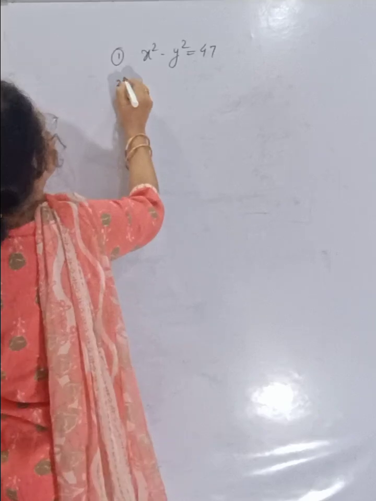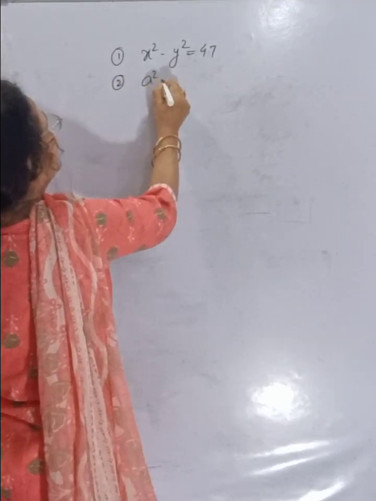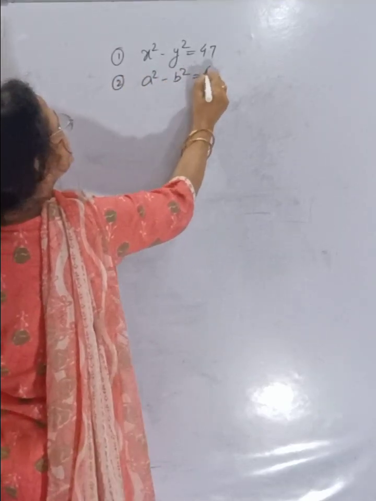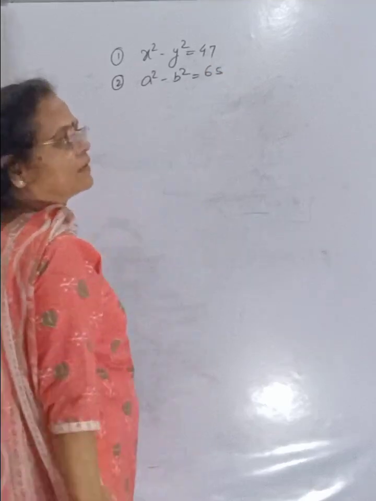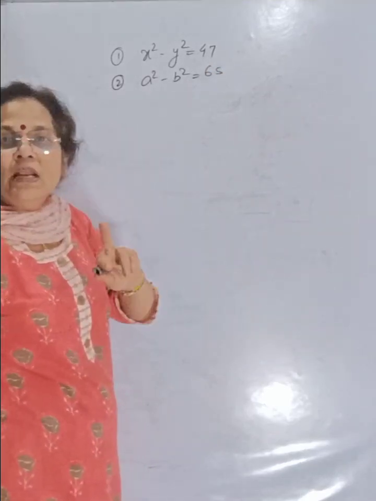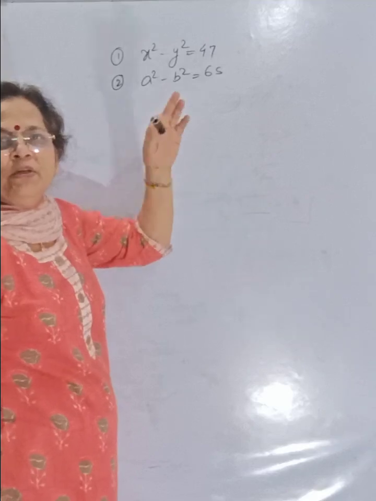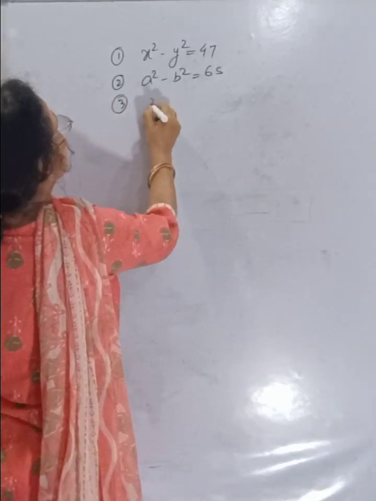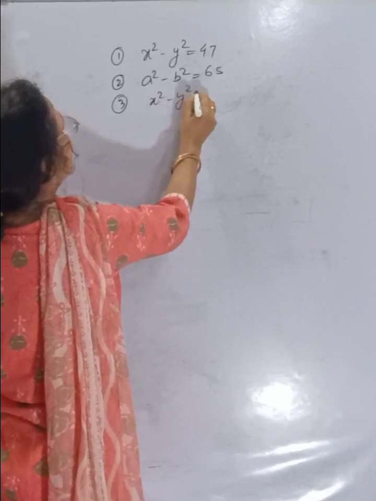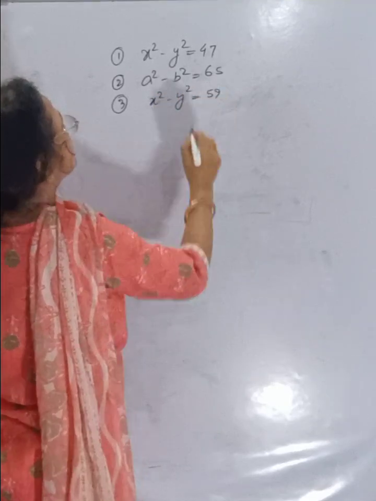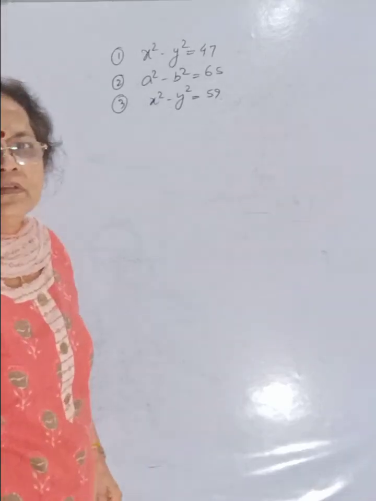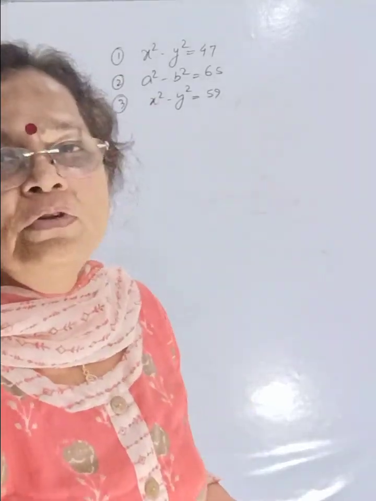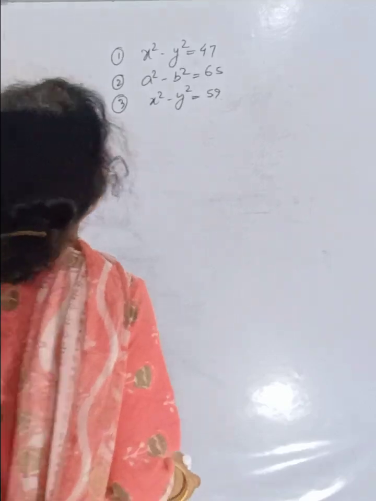Second question is a square minus b square is equal to 65. Only a single equation is there, two variables a and b you have to solve. Third is x square minus y square is equal to 59. How can this type of equation be solved without having at least two equations?